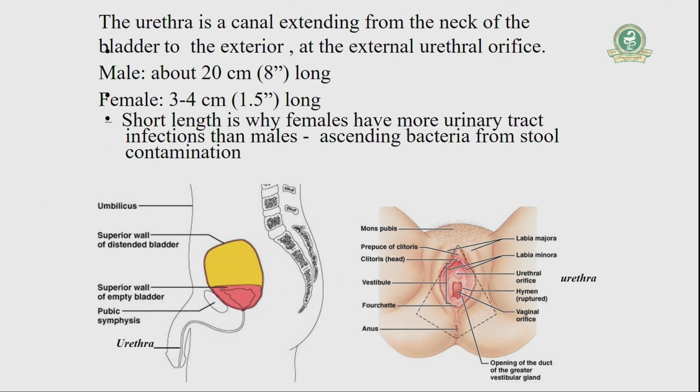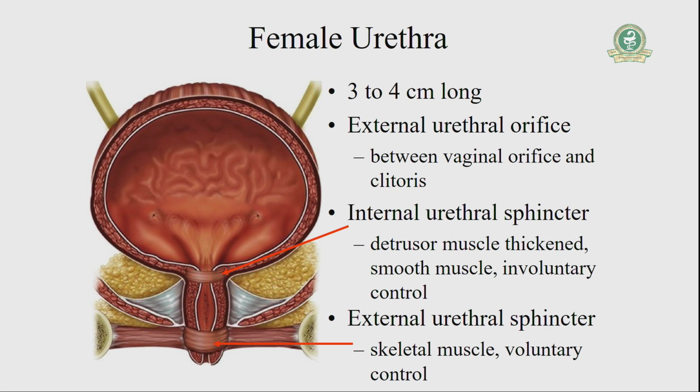The short length is why females have more urinary tract infections than males, due to bacteria from stool contamination. Female urethra, 3 to 4 cm long. The external urethral orifice lies between the vaginal orifice and the clitoris.